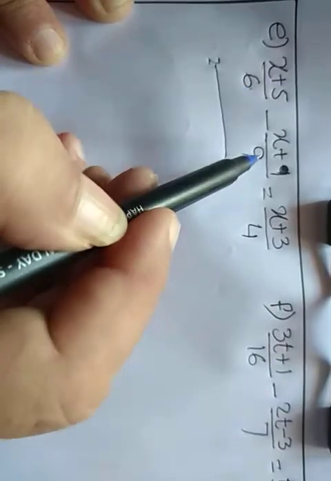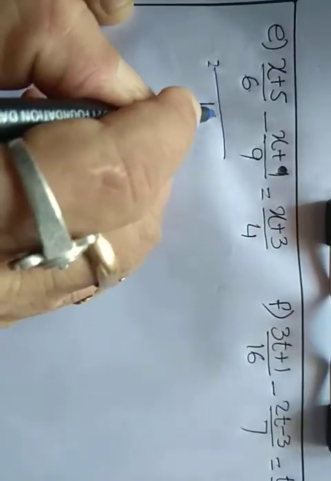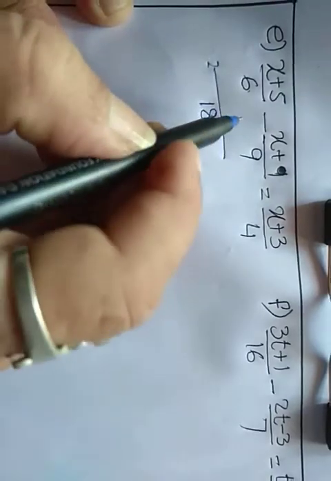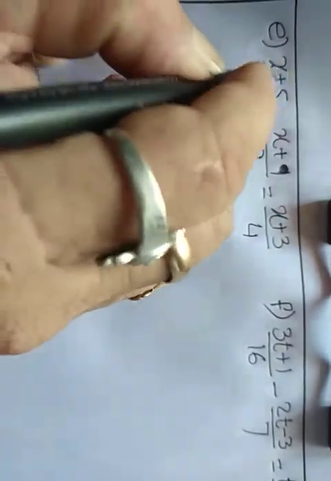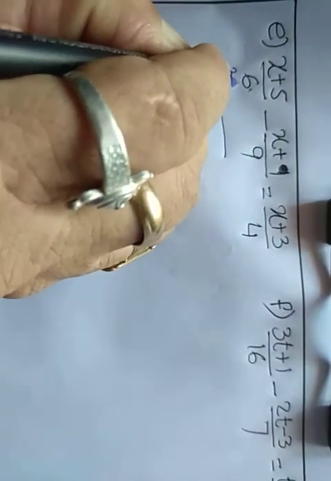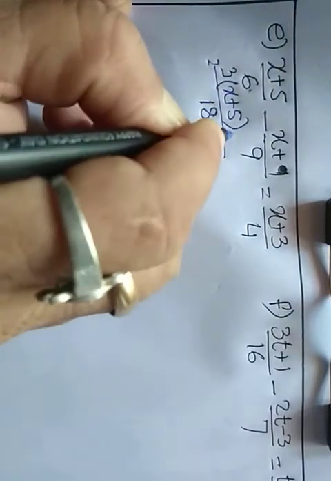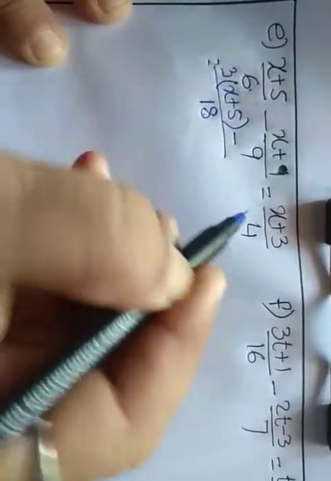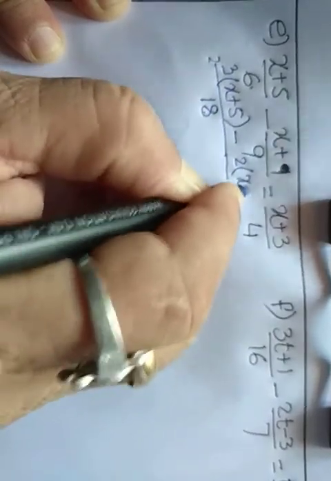LCM for 6 and 9 will be 18. It will be 18; 6 into 3 is 18, so 3 into (x+5), now minus 9 into 2 is 18, so 2 into (x+1).